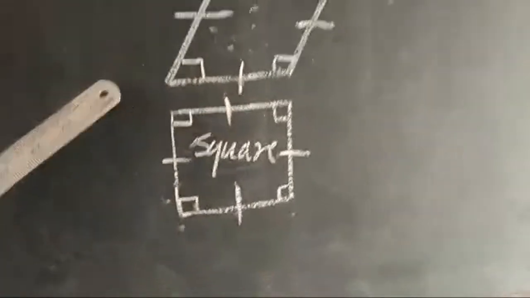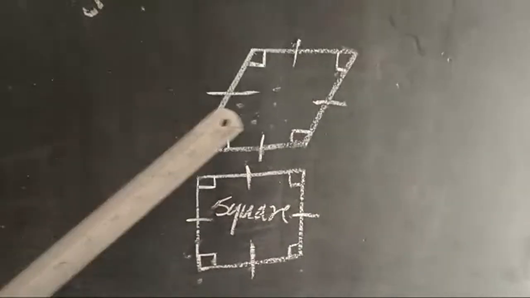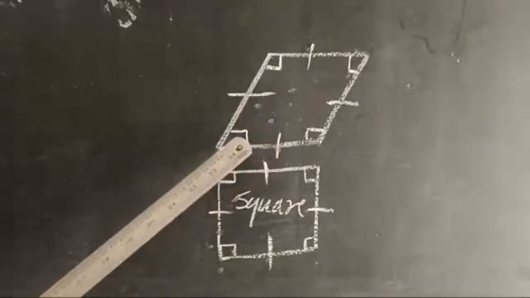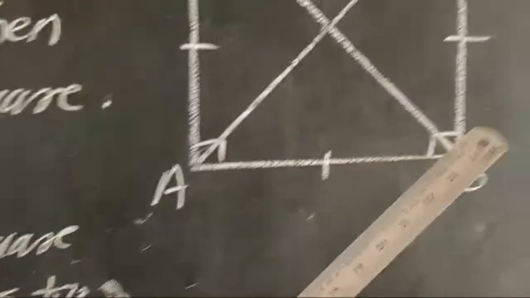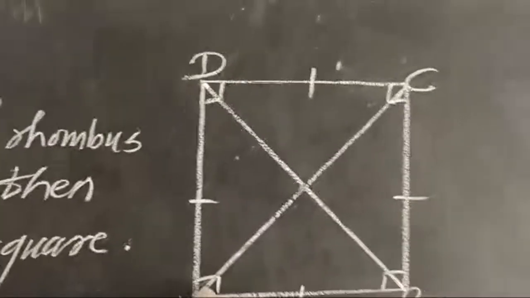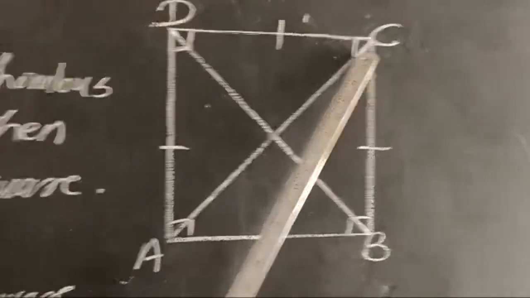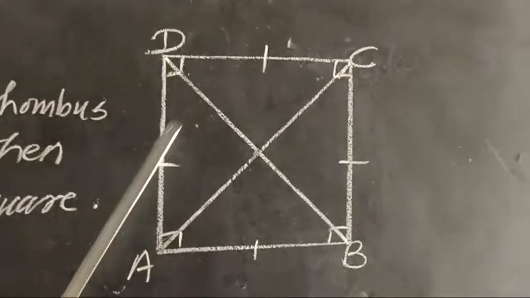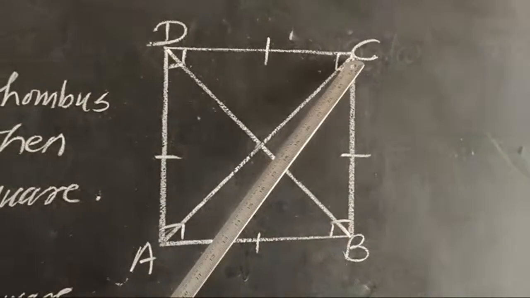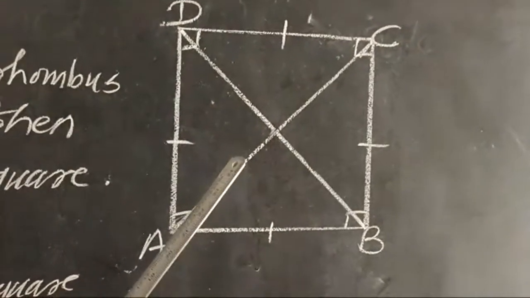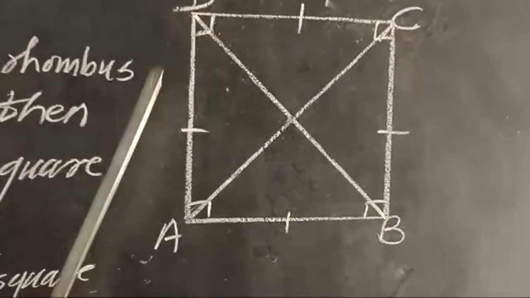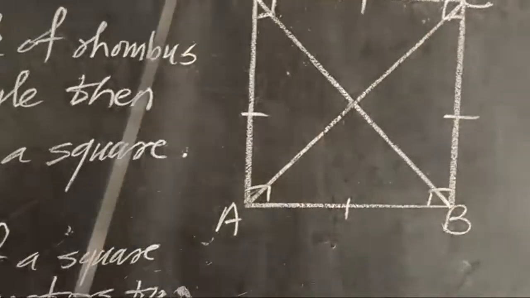Opposite angles of a rhombus are congruent, but for a square that is not essential because all angles are 90 degrees. Therefore, that property is hidden, because we get an extra property here: each angle is 90 degrees.